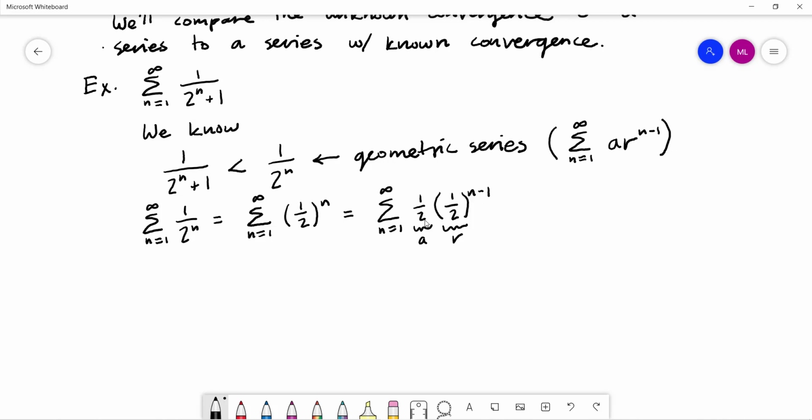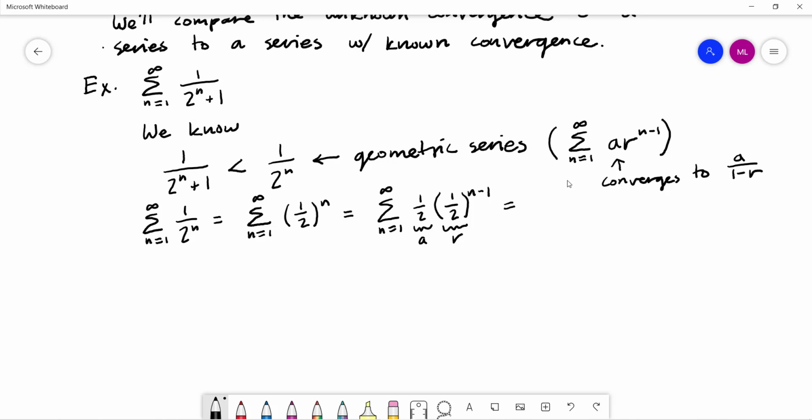So we said that this converges basically whenever the absolute value of r is less than 1. And so in this case, not only does it converge, but in fact we know that this thing converges to a specific value. The formula that we had was that this converges to a over 1 minus r.